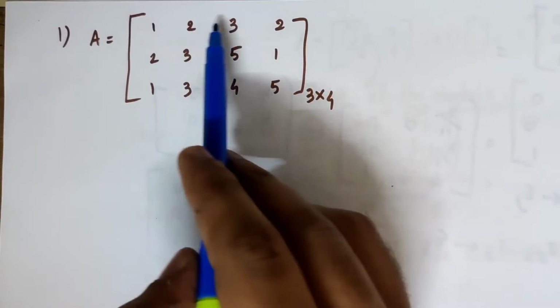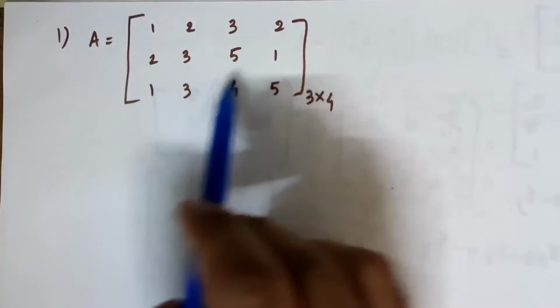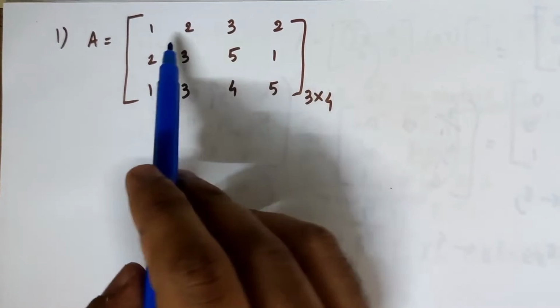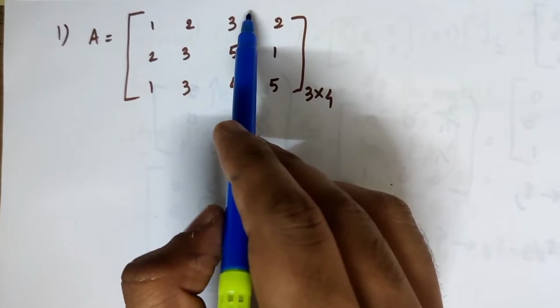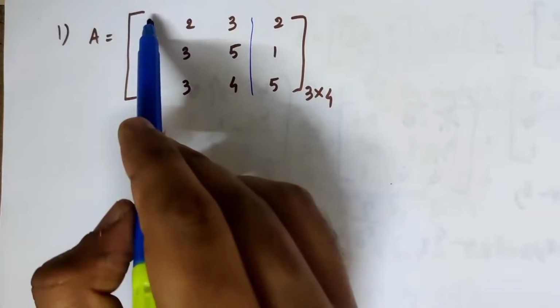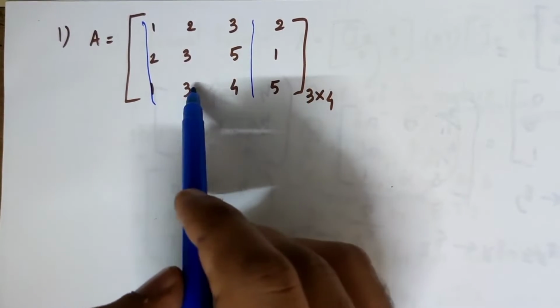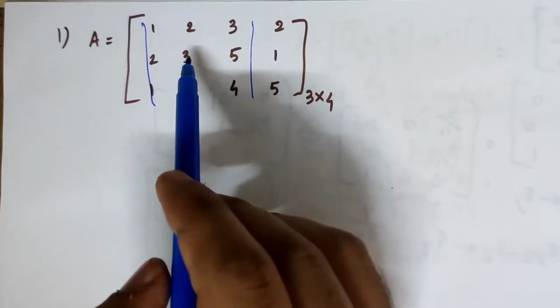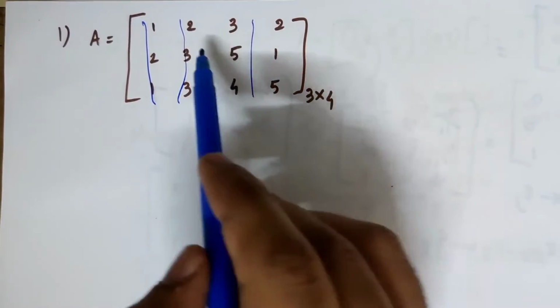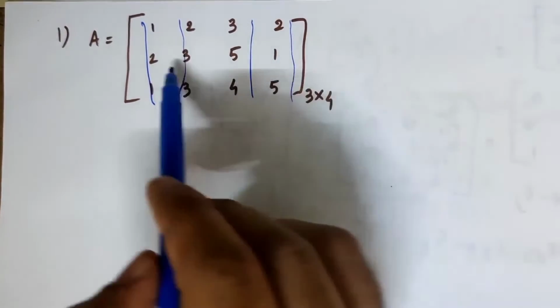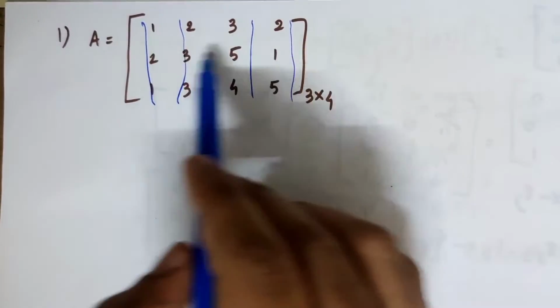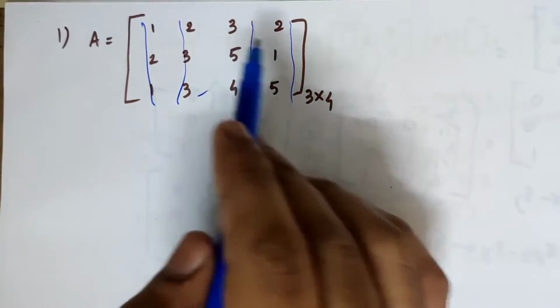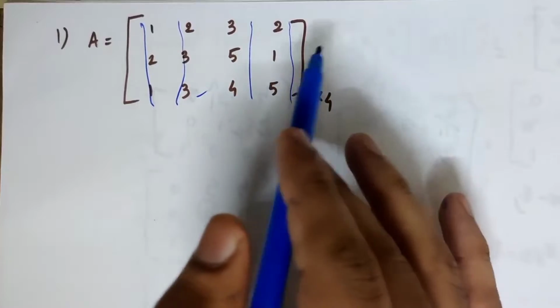Any 3 by 3 matrix you consider out of these, if I consider this matrix, find out the determinant for this. If this is becoming 0, then go for another 3 by 3 matrix. You just have to verify in this way. Then go for this 3 by 3, then this 3 by 3 by removing this column. In this way you check all the 3 by 3 matrices.